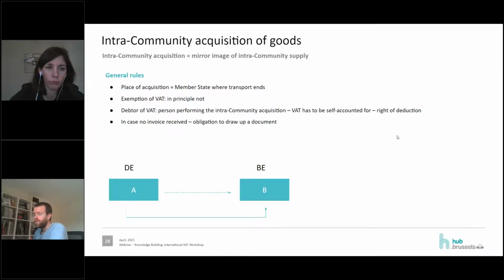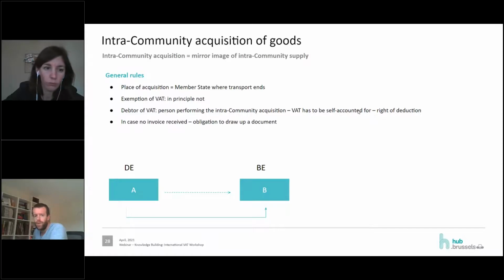Now the intracommunity acquisition of goods. That is actually the mirror image of the intracommunity supply, in the sense that if you as supplier are doing an intracommunity supply of the goods, your customer is going to do an intracommunity acquisition in its own country, or the opposite if you are the customer.